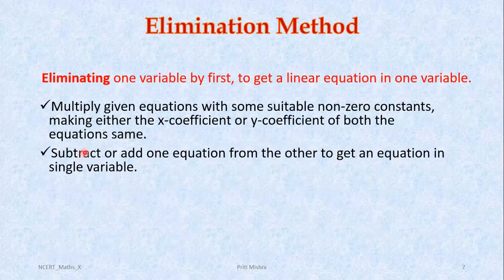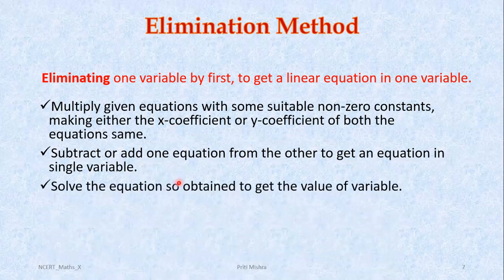The next step is to subtract or add one equation from the other to get an equation in a single variable. After equating the coefficient of the x variable or y variable, by adding or subtracting those two equations, we will have an equation in one variable which will have a single solution.